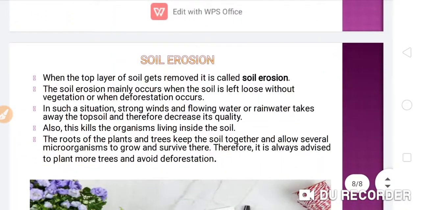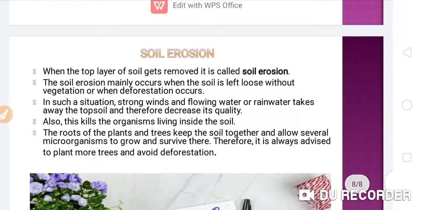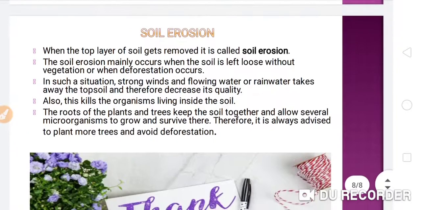Now this is the last topic for this chapter, that is soil erosion. This is very important. When the top layer of the soil gets removed, it is called soil erosion. Soil erosion mainly occurs when the soil is left loose without vegetation or when deforestation occurs.